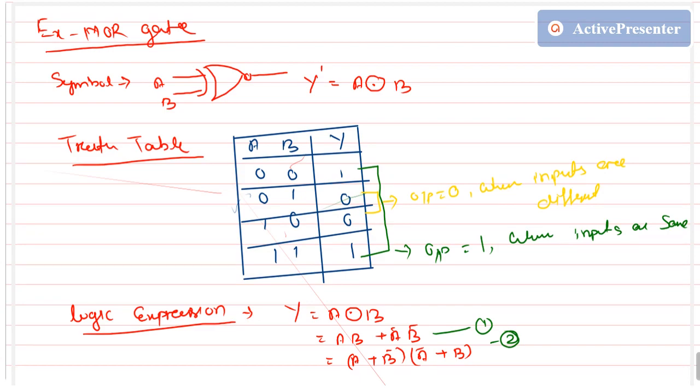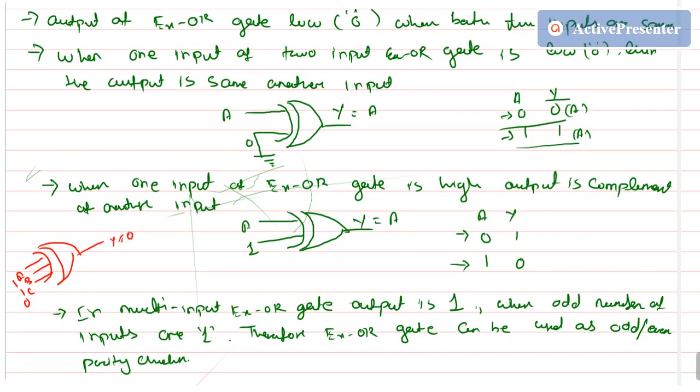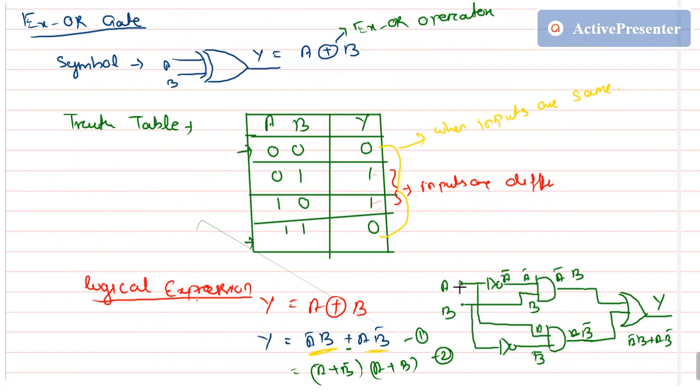Now XOR gate using AND, OR and NOT gates. So here, we have drawn the XOR gate using AND, OR and NOT gate.